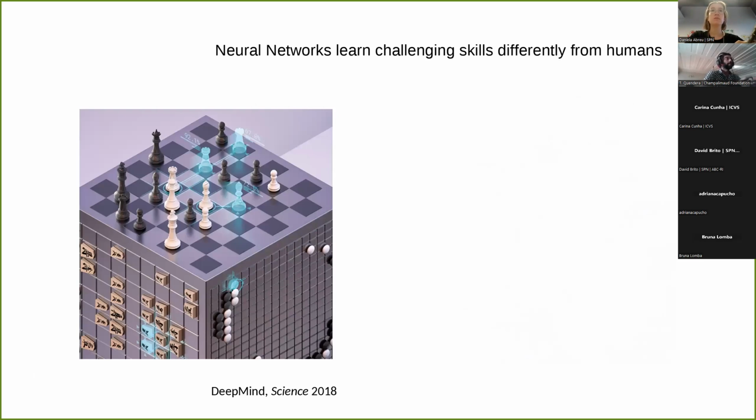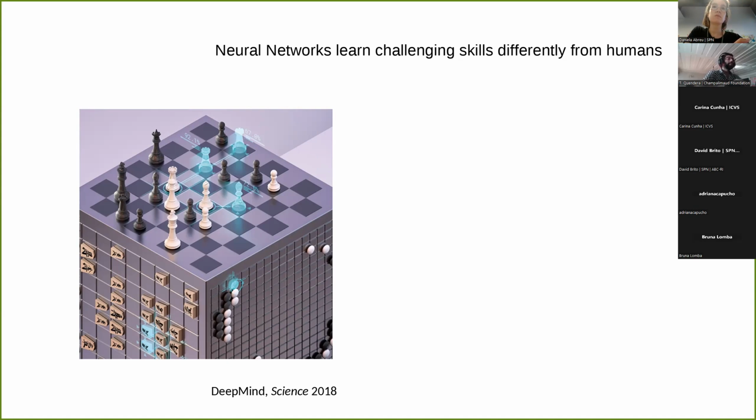Since the dawn of AI, artificial neural networks have shown great promise in solving this type of complex problem. One of them has been highlighted by the team at DeepMind, where they were able to create algorithms that not only solve these very complex games like chess or Go, but even go as far as defeating the best humans to ever play these games.